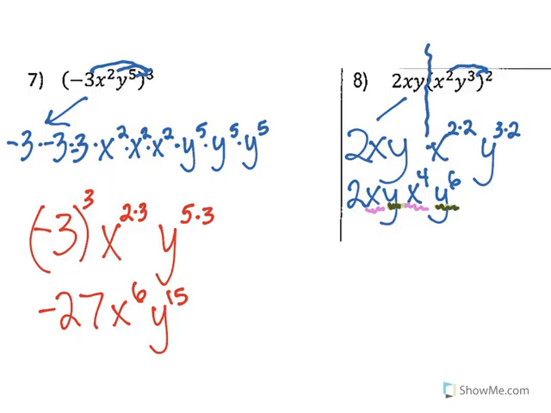Okay, so pinks. Put all the pink together. How many pink X's are there? 5, right? Because this is like a 1 right here. X to the 1st, X to the 4th. X to the 5th. 1 plus 4.